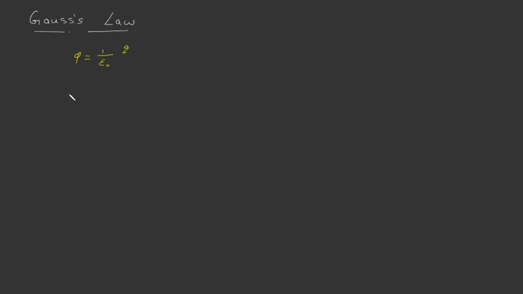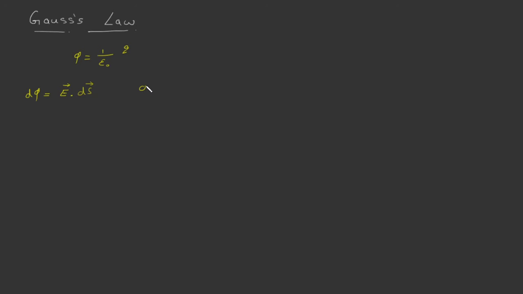We know if E is the electric field through an area element ds, then the electric flux d phi through that area element is E dot ds.